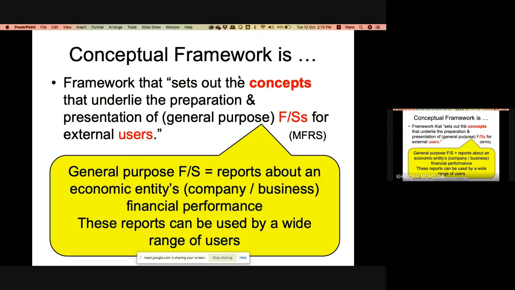So when you prepare the financial statements, you prepare them for general purpose. It means that many users can use the same financial statements and have the same understanding, and because of that, the interpretation will also be similar.